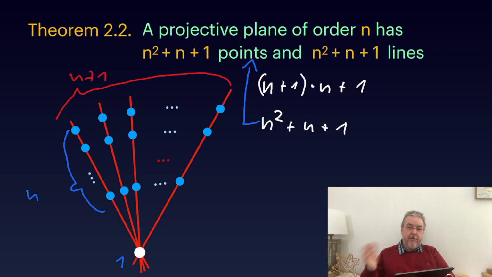Just reverse every time you say point in that proof, replace that by line, and every time you say line, replace it by point, and you get the count for the lines as well.